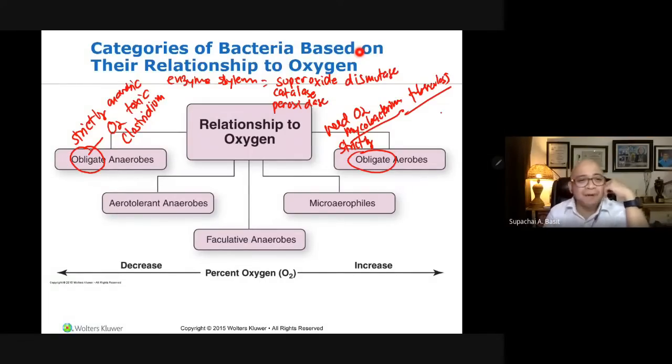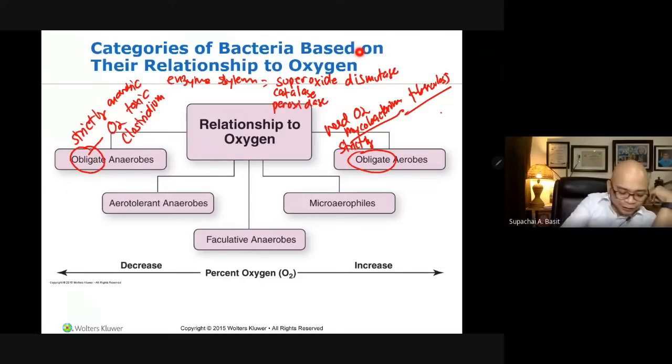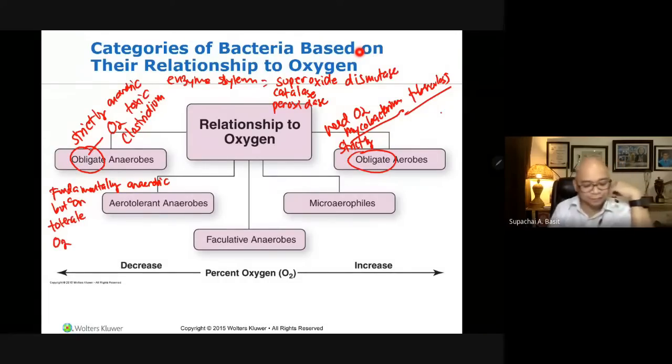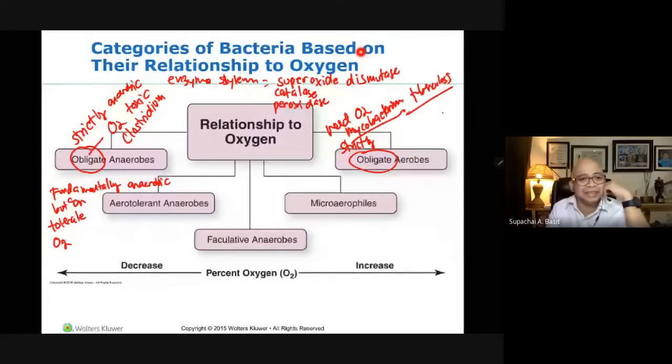How about aerotolerant anaerobes? When you say aerotolerant anaerobes, they are fundamentally anaerobic but can tolerate oxygen. Perhaps they have only one enzyme system.